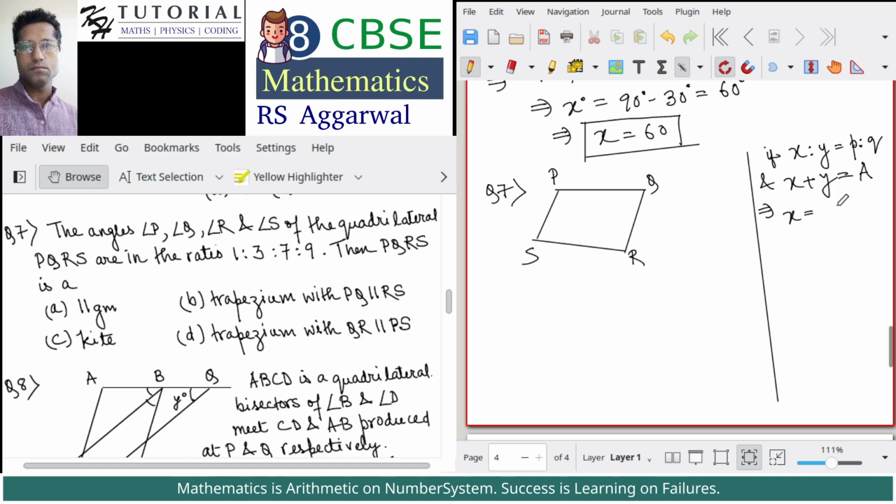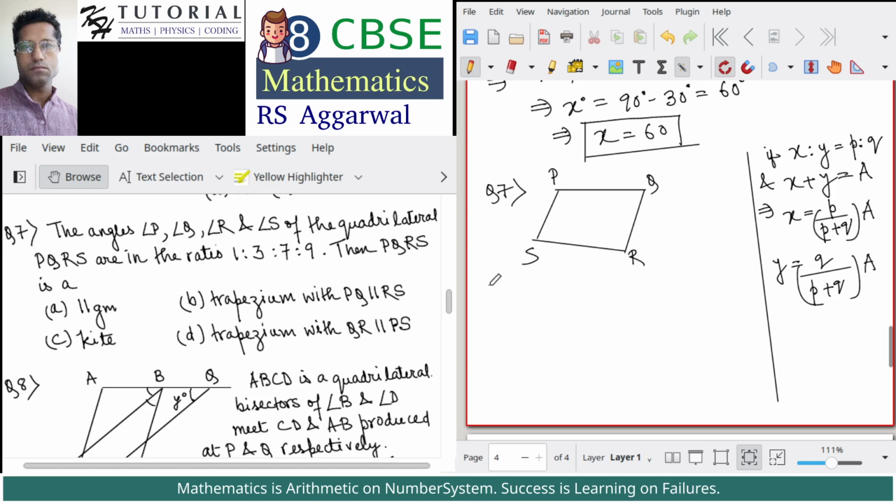So x will be p by p plus q, this whole multiplied by a, and y will be q by p plus q whole multiplied by a. This is the ratio between two quantities x and y. It can be more than two quantities, and the formula will be the same.